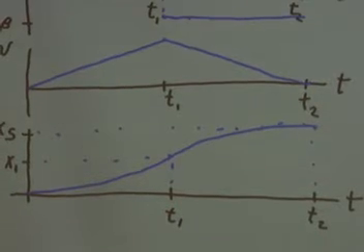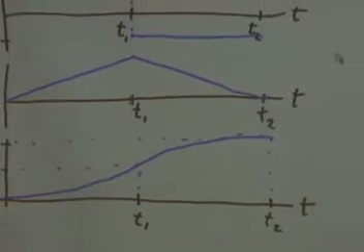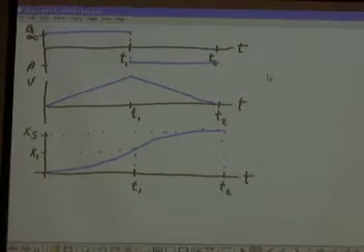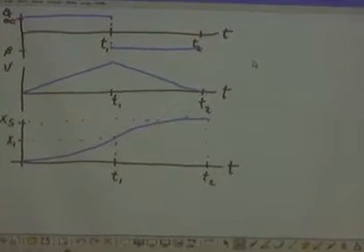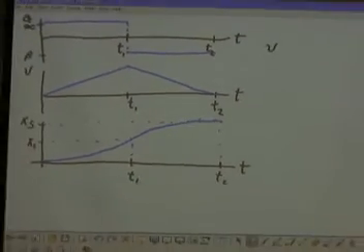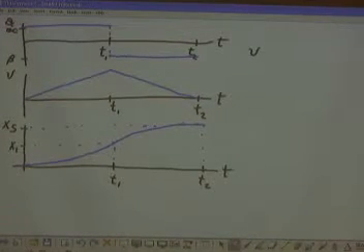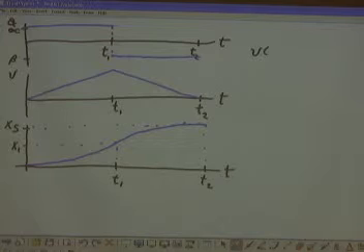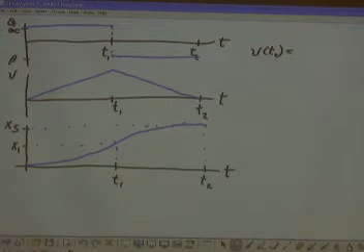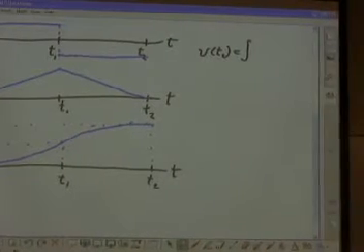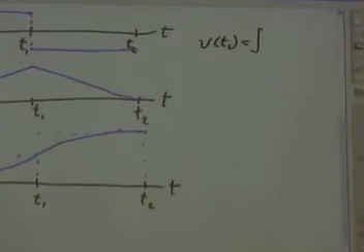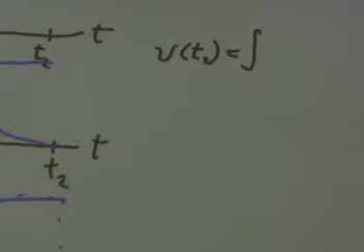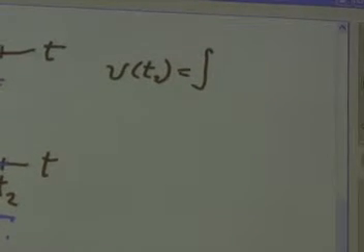All right. If we want to look at the velocity, we've got this equation. The velocity at time t2 is equal to the integral of the acceleration. But since our acceleration is not a continuous function, we will break this integral into two parts.